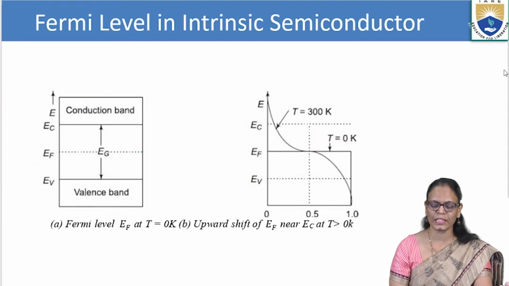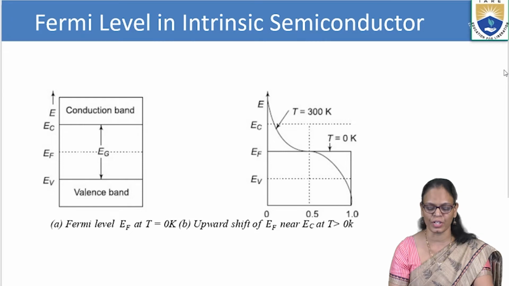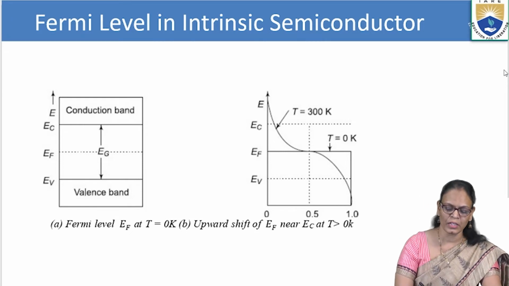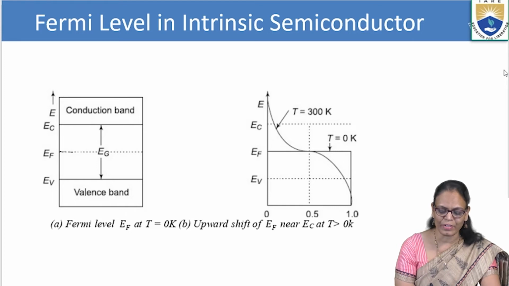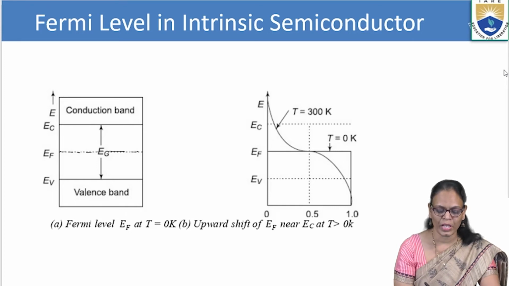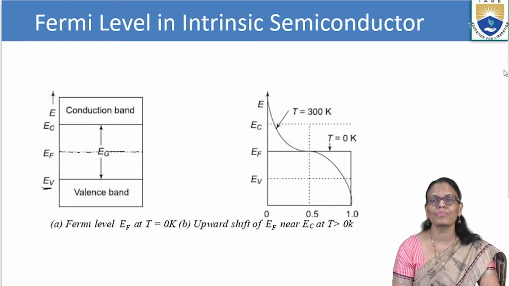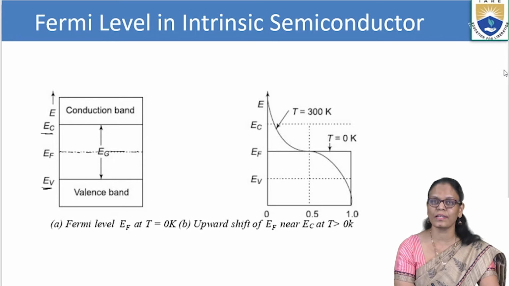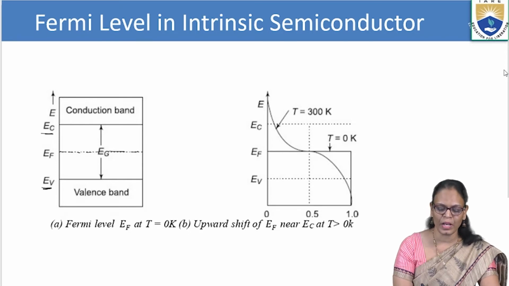Now, if you see the diagrammatical representation of the valence band and conduction band, this is the Fermi level. EV, I told you, is the topmost level in the valence band, and EC is the lowest level in the conduction band, and EG is the gap between the valence band and conduction band.